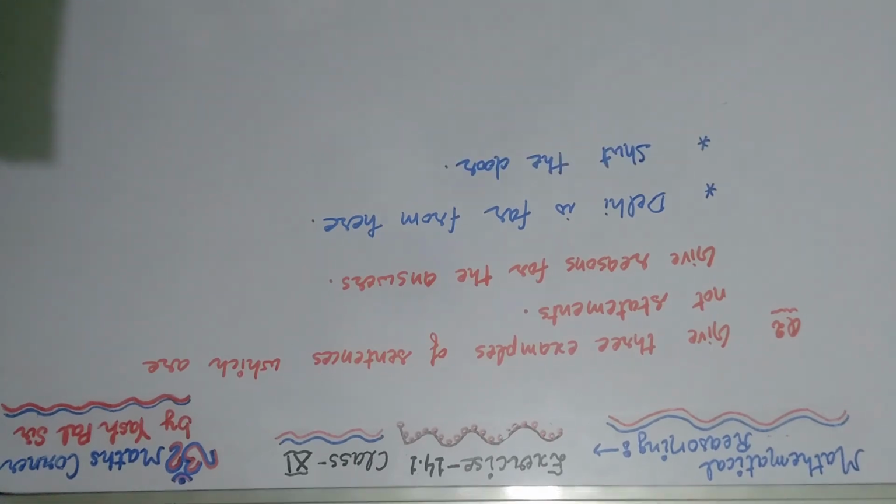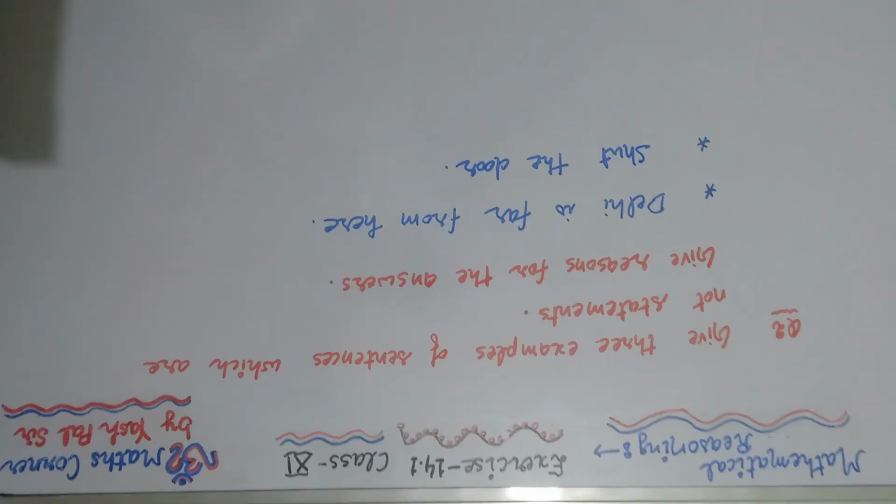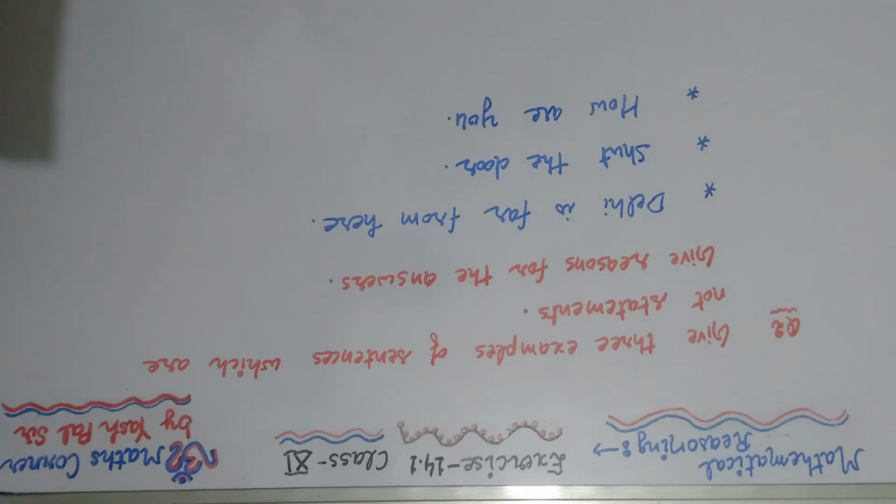Second one is: Shut the door. This is an order, so this is not a statement. How are you? This is ambiguous. We cannot reply true or false. So all these sentences, mathematically we cannot accept as statements.